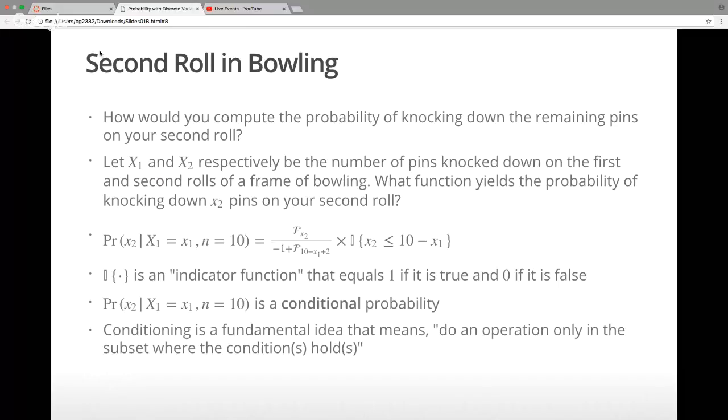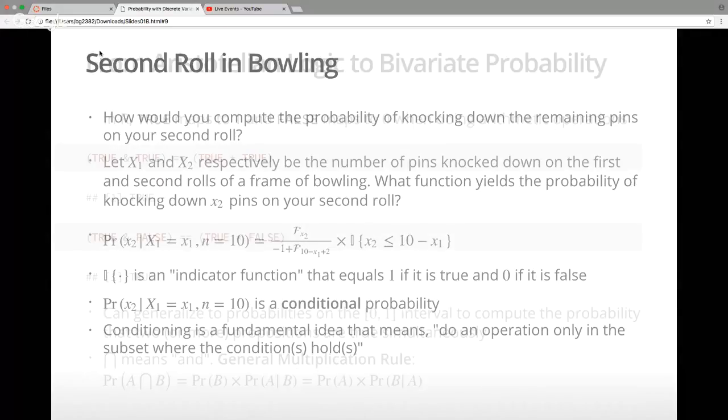All the probabilities change. And so you have to bear in mind that when you say, conditional on the first roll knocking down 7 pins or whatever it may be, what you do subsequently is all under the condition that the first thing happened, the first thing you know to be true, or you're at least taking it to be true. All right.